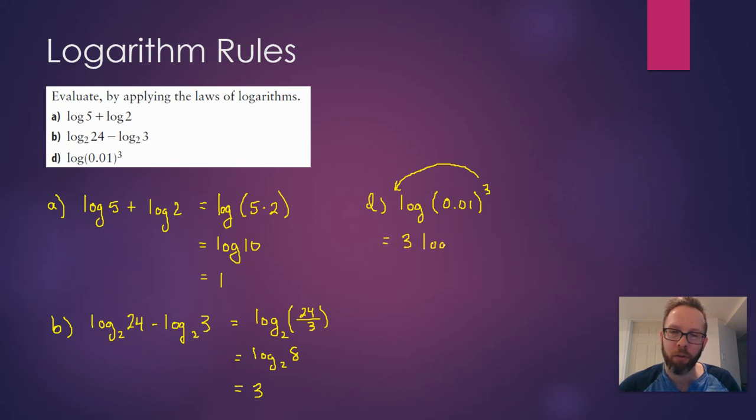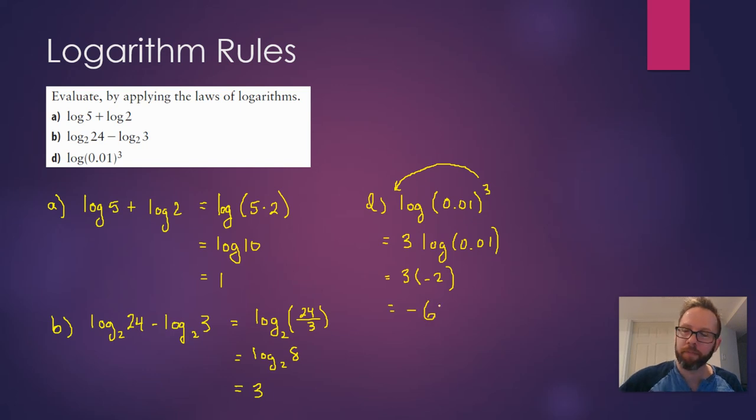This is equivalent to 3 times the logarithm of 0.01, which we should be able to do by hand as well, because this is saying 10 to what power gives you 0.01. This is like one hundredth. So 10 to the power of -2 gives us 0.01, or you can just do it in your calculator. But yeah, it's -2, and we get -6 as a result here.